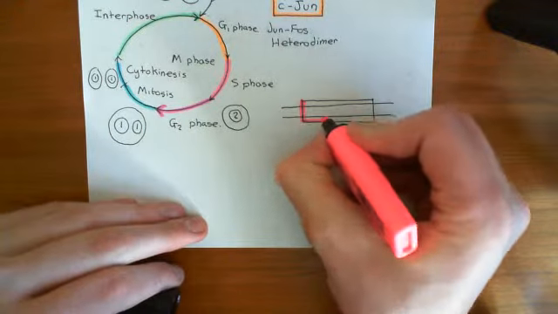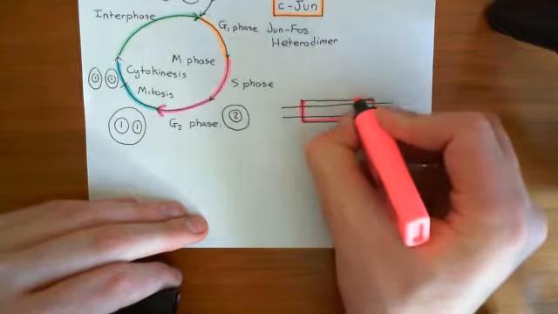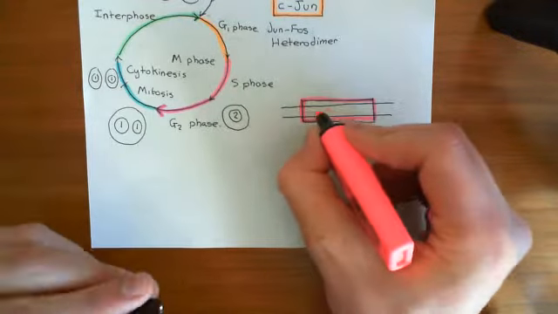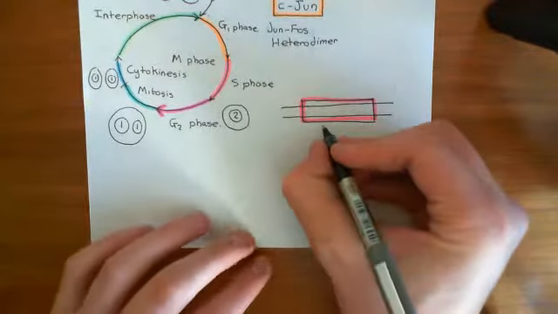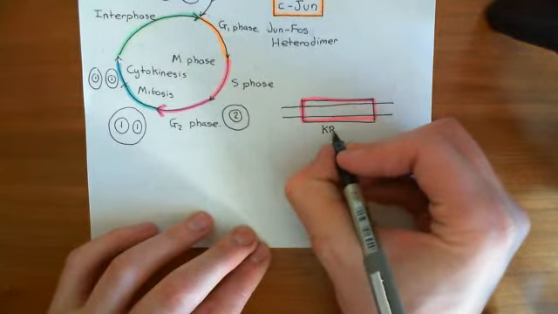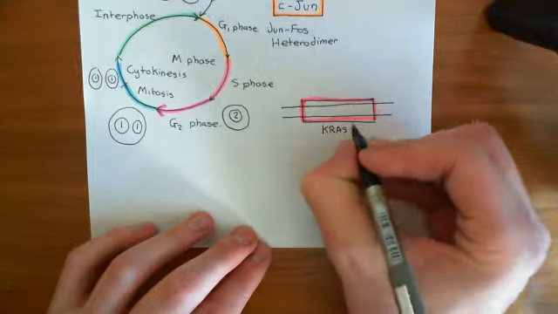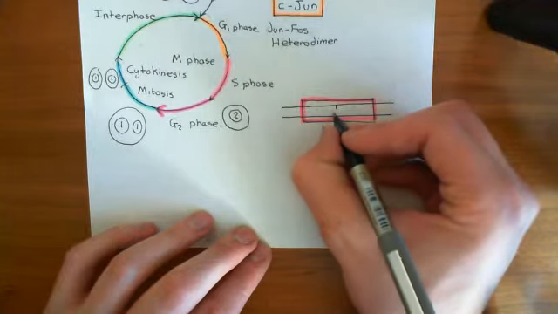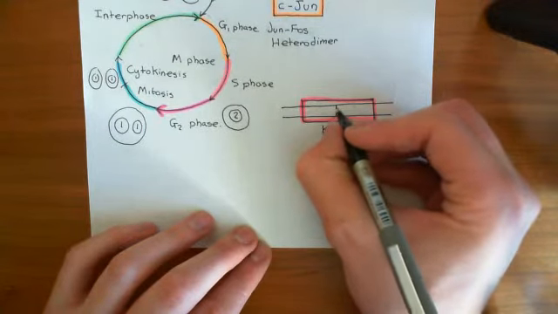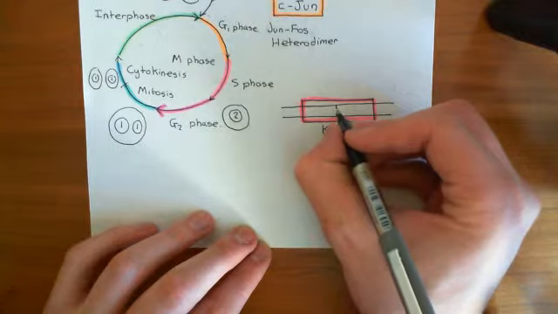The gene consists of loads and loads of organic bases, and what may happen is that one of these organic bases changes. That's what I mean by a point mutation.